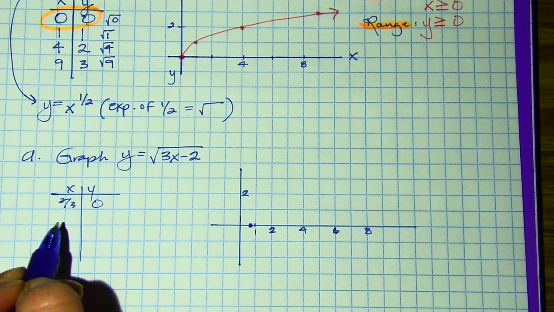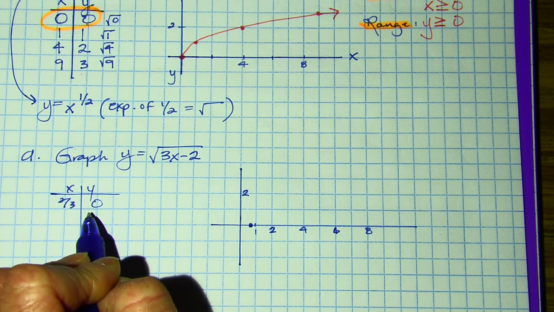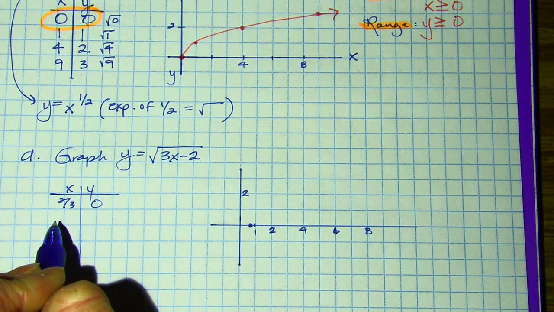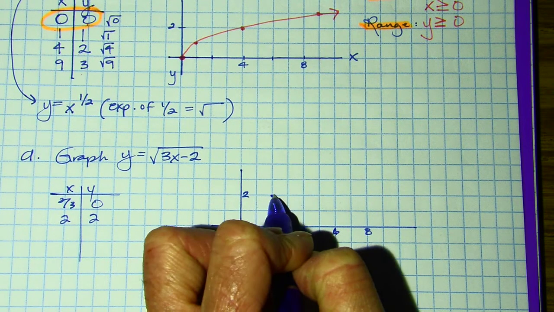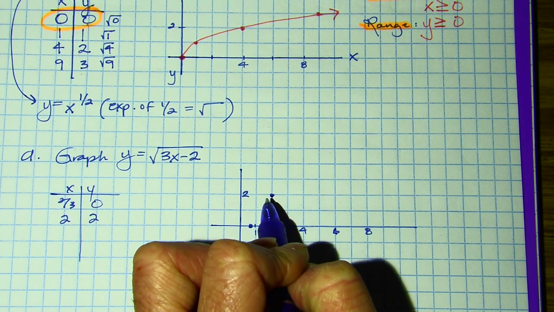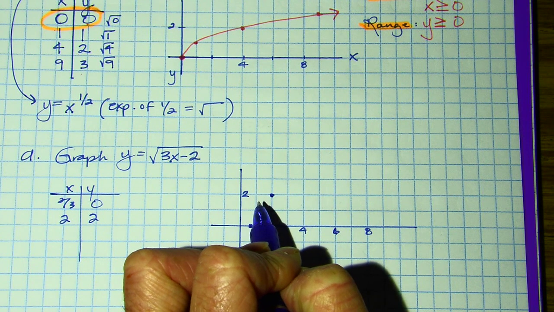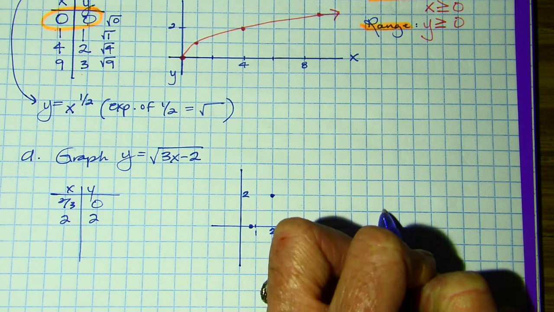So on Desmos, it says my first point is at (2/3, 0). The next nice point looks like (2, 2). Using Desmos, the next nice point, I don't really see another nice one, is (9, 5).